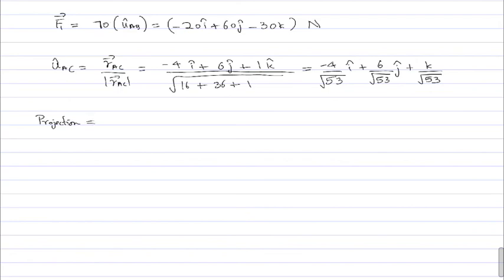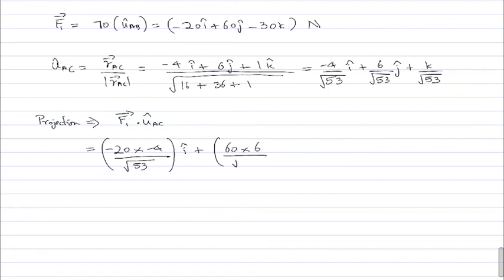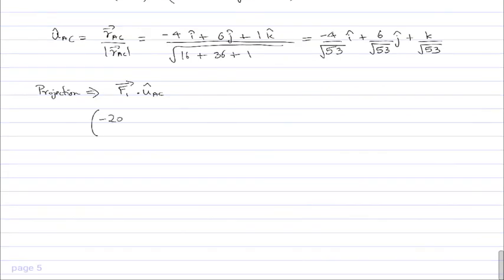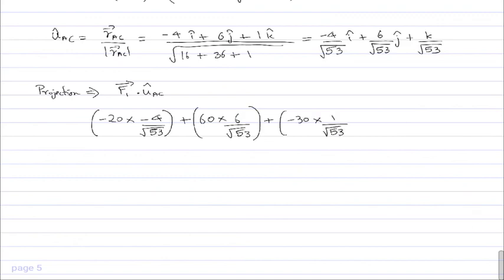To find the projection, we find the dot product of F1 with UAC, which is negative 20 times negative 4 over square root of 53, plus 60 times 6 over square root of 53, plus negative 30 times 1 over square root of 53.